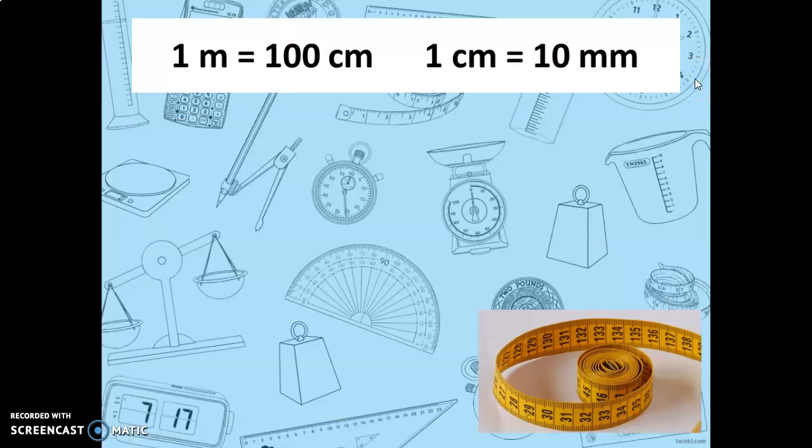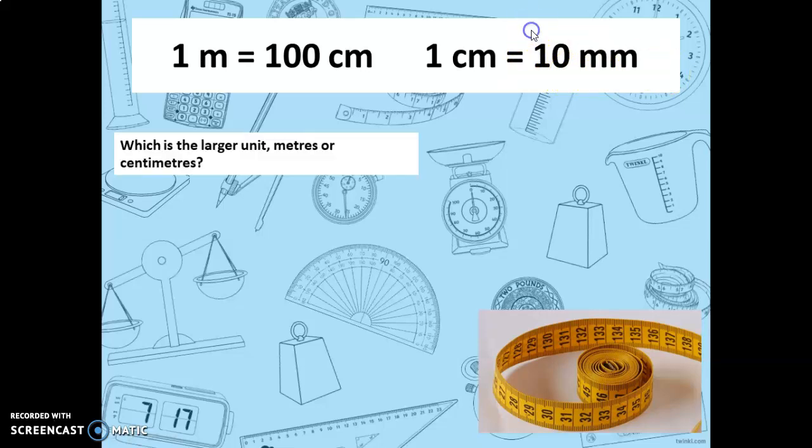Alright. 1 meter is the same as 100 centimeters, while 1 centimeter is the same as 10 millimeters. Which is the larger unit, meters or centimeters?